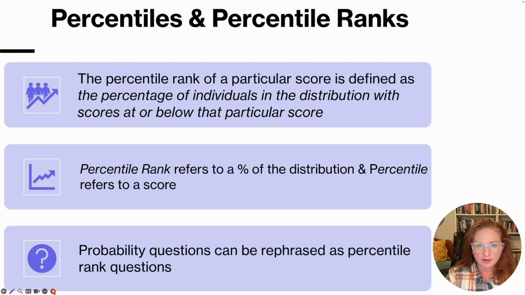Really quick, I want to talk about percentile ranks before I wrap up lecture. The percentile rank of a particular score is defined as the percentage of individuals in your distribution with a score at or below that particular score. When you talk about a percentile rank, you're going to use a percentage, a number, and the percentile refers to a score.